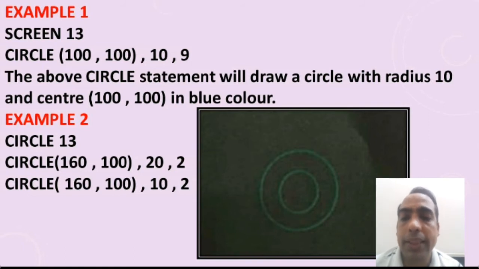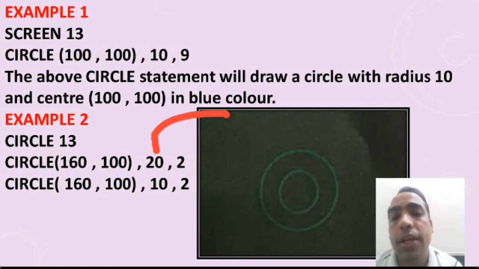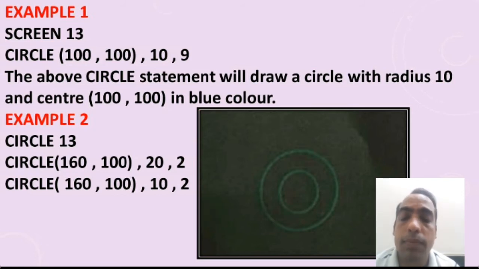Now the second example of the circle statement. Screen 13, circle 160, 100, 20, 2. Second circle: 160, 100, 10, 2. In the first circle statement, the radius is 20 and in the second circle statement the radius is 10. Now you can see the result of this program.